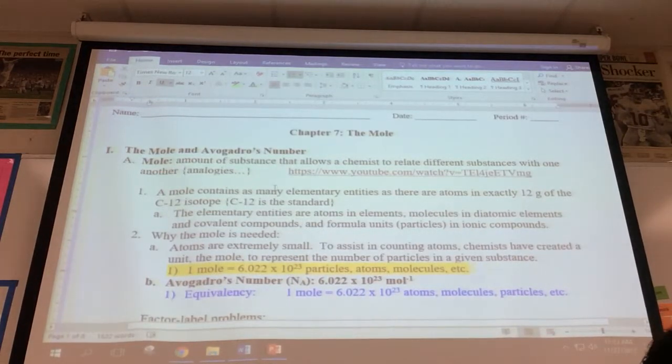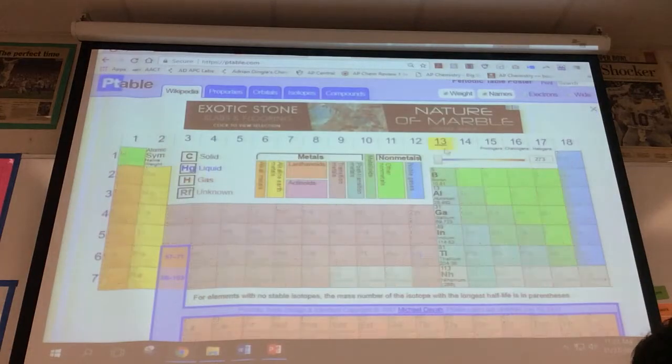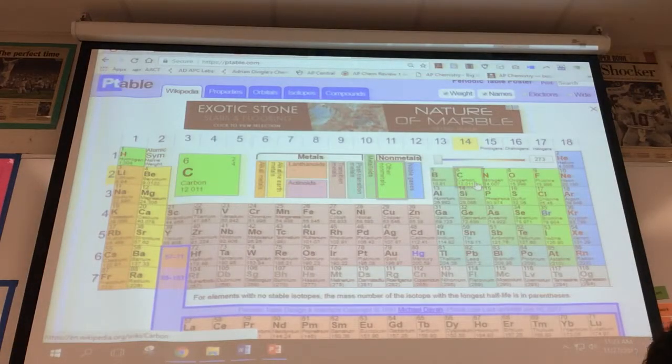And the mole is really very, very similar. A mole contains as many elementary entities as there are atoms in exactly 12 grams of carbon-12. And if you look at a periodic table, you know that the atomic mass of carbon is 12.011 AMU.